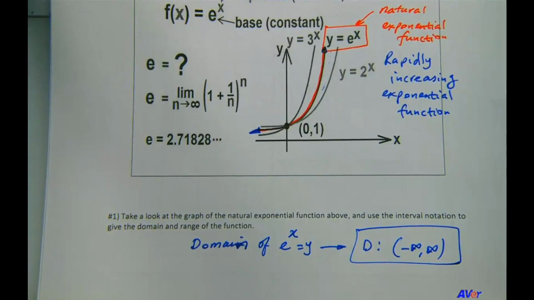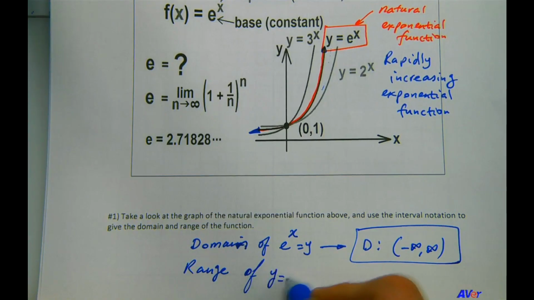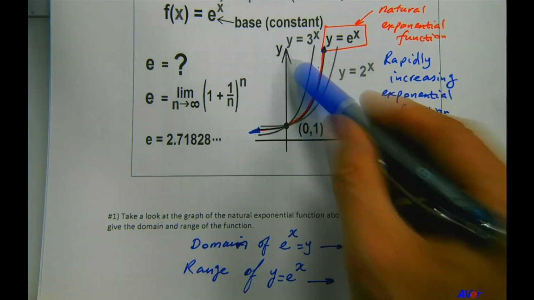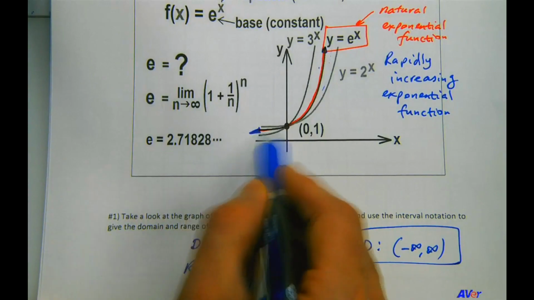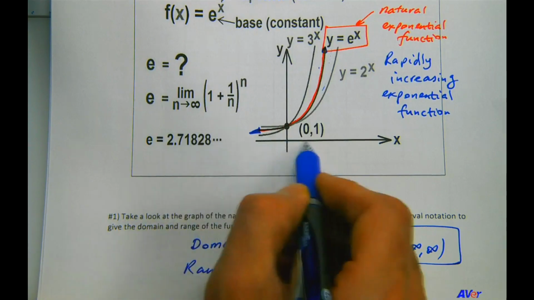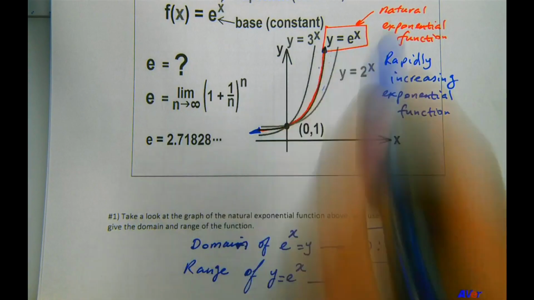How about the range? The range, as we talked about before, is the behavior of any graph of any function with respect to the y-axis. Okay, so what does this graph do with respect to the y-axis? If we continue it, you'll see that this graph has asymptotic behavior toward the x-axis.